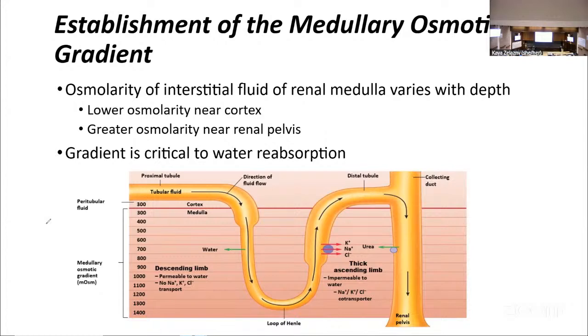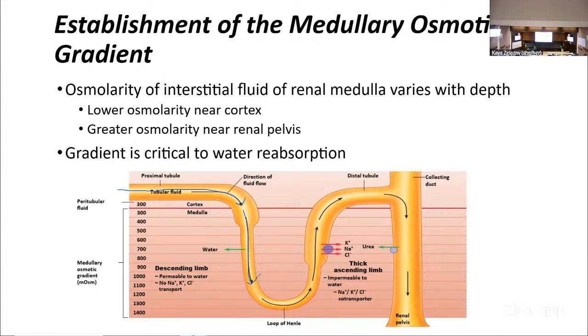So in reality, our nephrons are all twisting around each other. But for our purposes, it's going to be helpful to think of them in a step-by-step kind of way. So here we see that when we think about our fluid that's traveling through, in our proximal tubule, we're going through the cortex, right? As we move into the loop of Henle, we dive into what we refer to as the descending limb. So descending because it's going down.